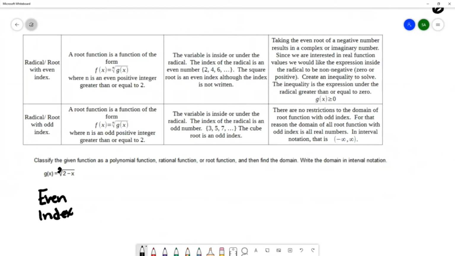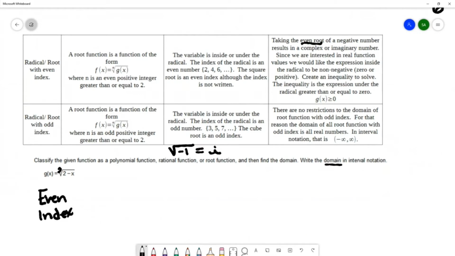Now that's significant because when you have an even index, for example, if you were to calculate the square root of -1, you get an imaginary number. This is not a real number. And when we're finding domain, we're only concerned about real numbers. So when you have an even root, you do have a restriction.